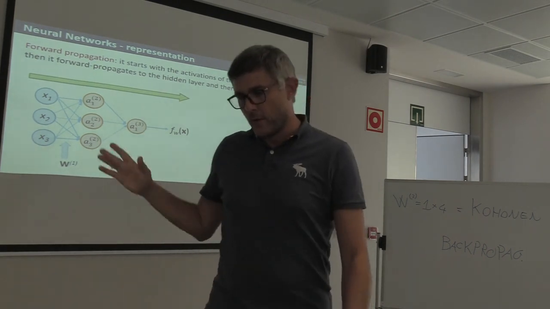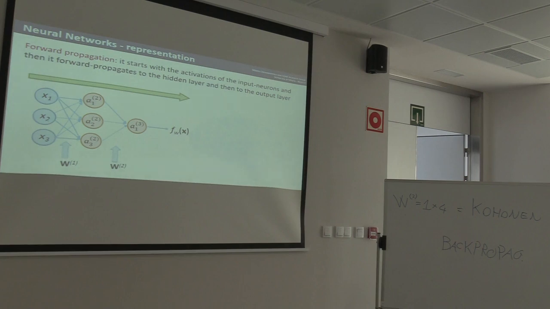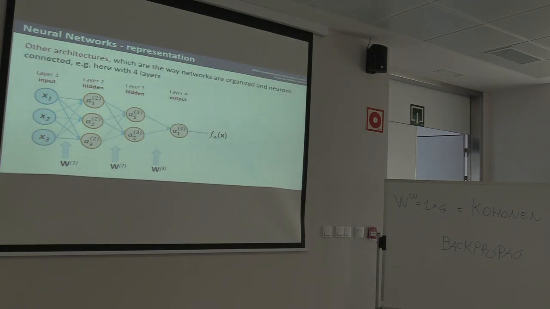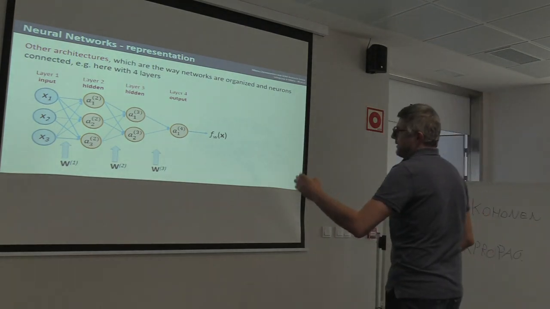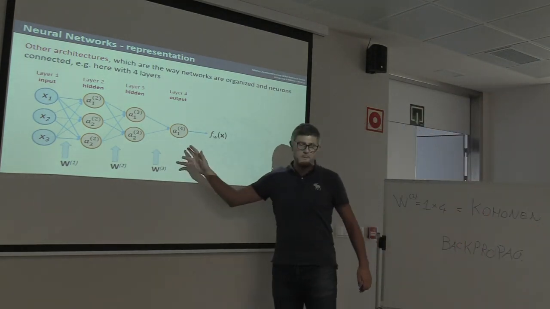So you have this first phase, which is the forward propagation, where you have an input and then you have information which is transmitted layer by layer until the output layer.